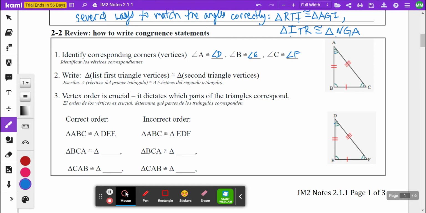Here's an example of a correct order. Triangle ABC is congruent to DEF. If I had written BCA as the first thing, that would be fine. I would just have to say BCA is congruent to EFD.